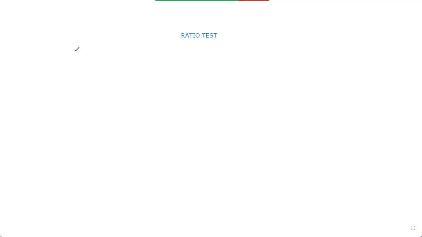So let's start. It says: let the sum from n equals 1 to infinity of a_n be a series of non-zero terms. Then we have three conditions in this ratio test.